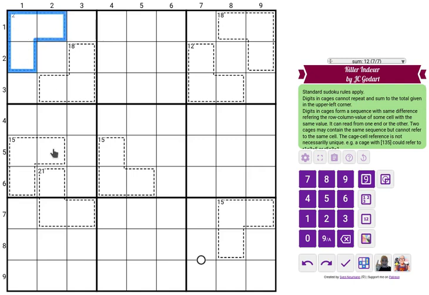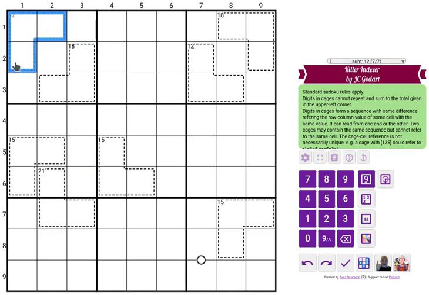It could be, so in column 3, row 1, we could place a 5. Well, I can't do it if it were here. We could place a 5, or in column 3, row 5, we could place a 1.